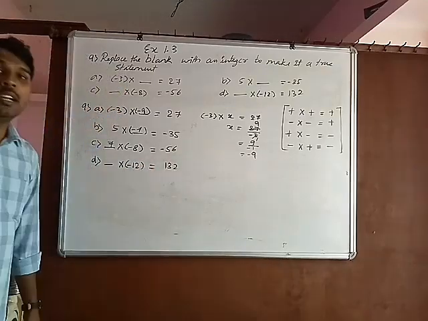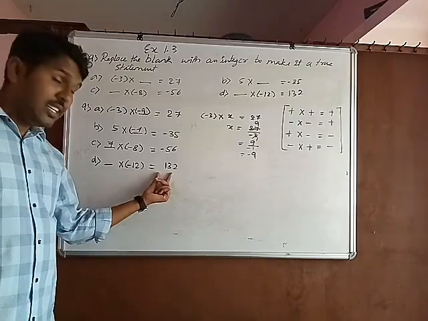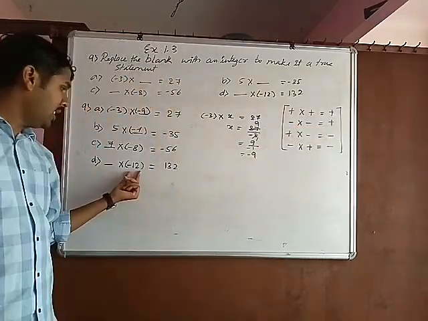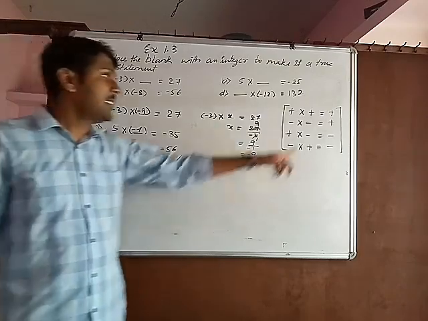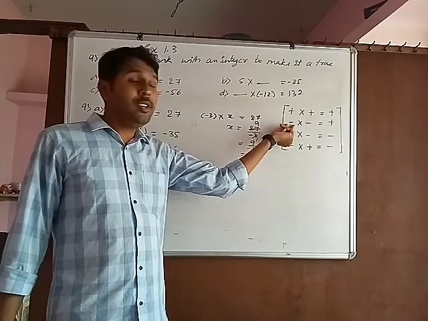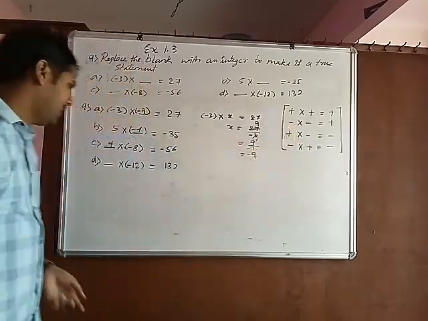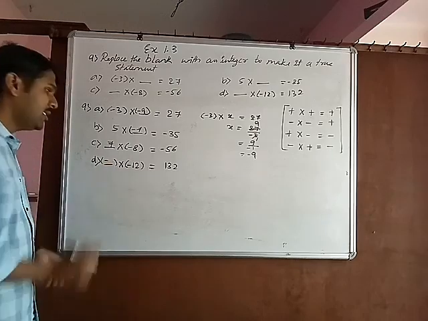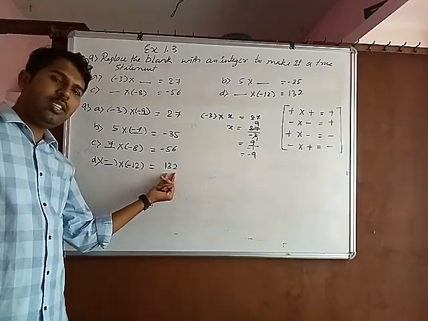equals 132. Resulting sign is plus. Two signs are there. In that, second integer sign is minus. Which one is first one or second one? Second one, no. The unknown integer sign must be minus. What is that integer? Just divide this 132 by 12.